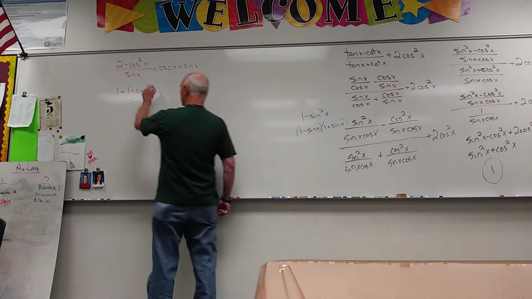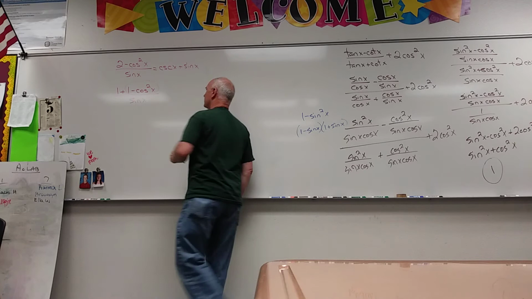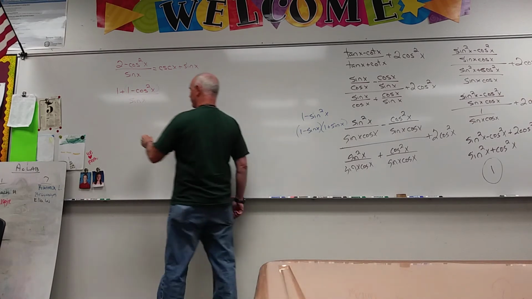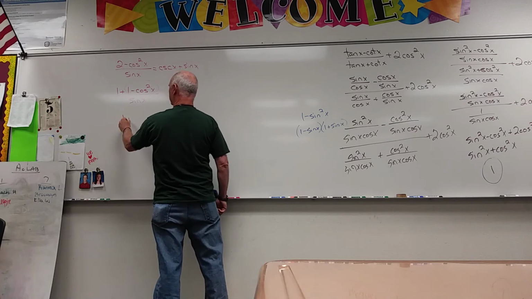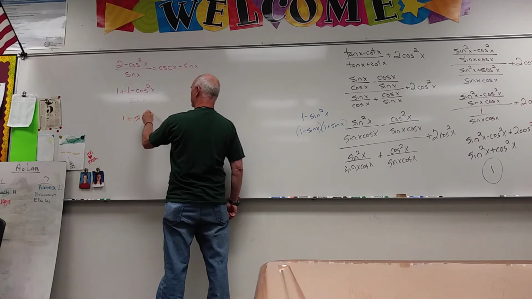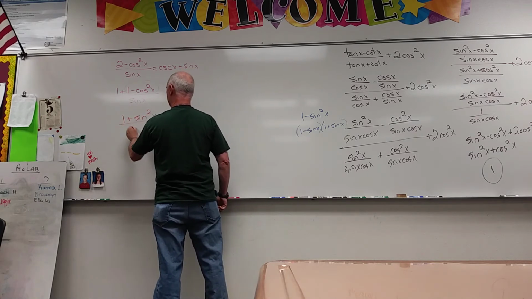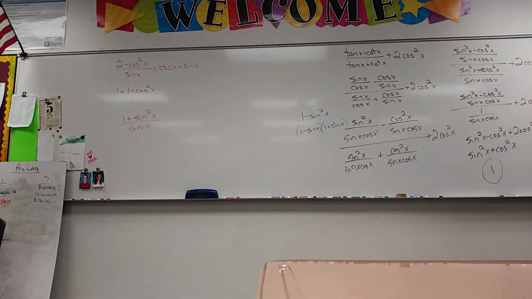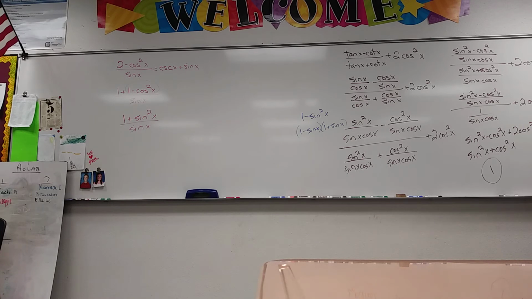Because now we have 1 minus cosine squared of x, which becomes sine squared of x. So we have this 1 plus sine squared of x over sine of x. Wow. So we just changed 2 to 1 plus 1, and that actually helped us.